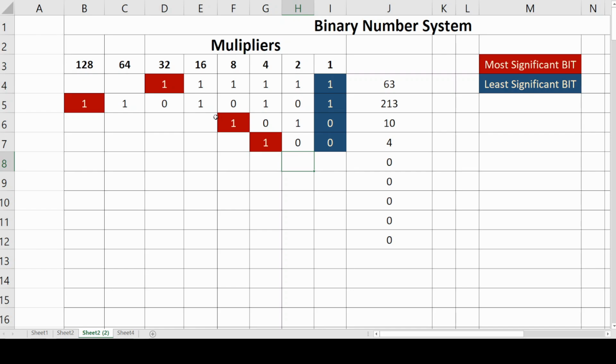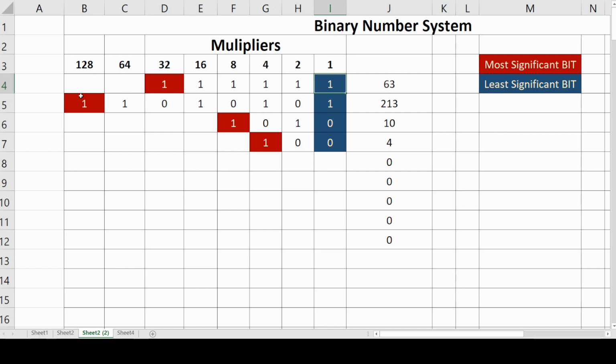Out of these digits, whatever number of digits there are, the digit on the leftmost side has the highest significance. We call this the most significant bit, and the one on the rightmost corner is the least significant bit. Now we have understood the most and the least in the decimal number system, so the same thing applies here also.